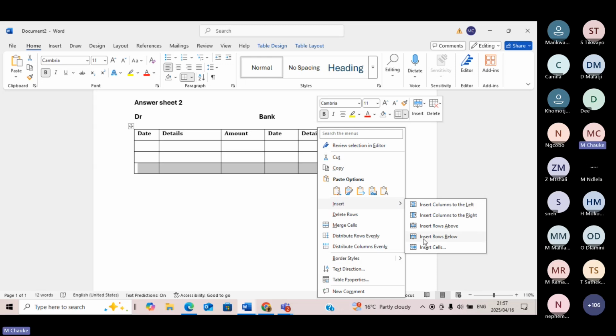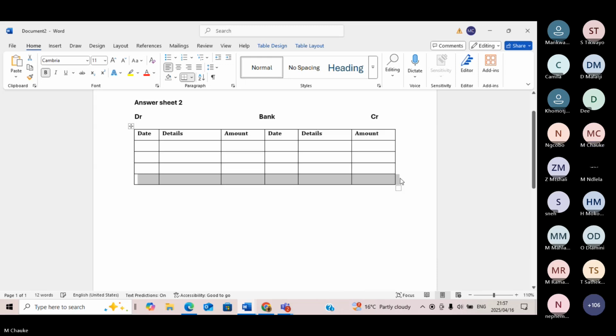Okay, so this is how the T form must look.